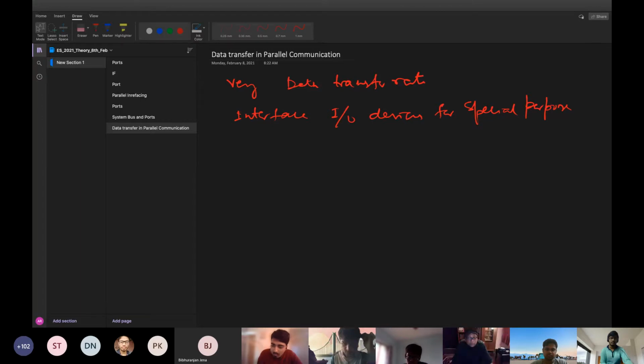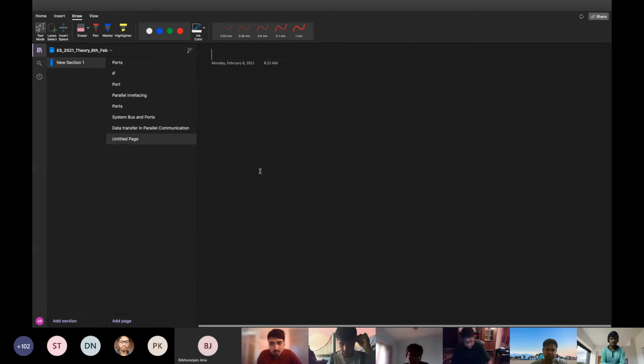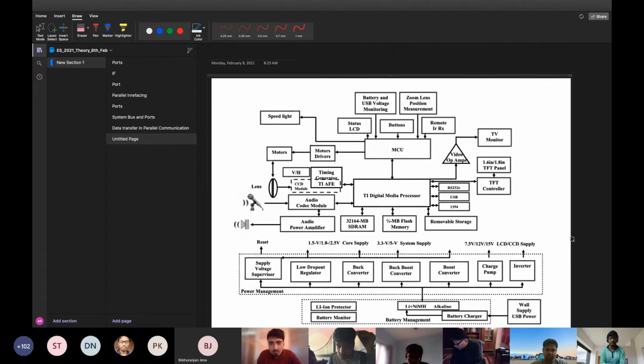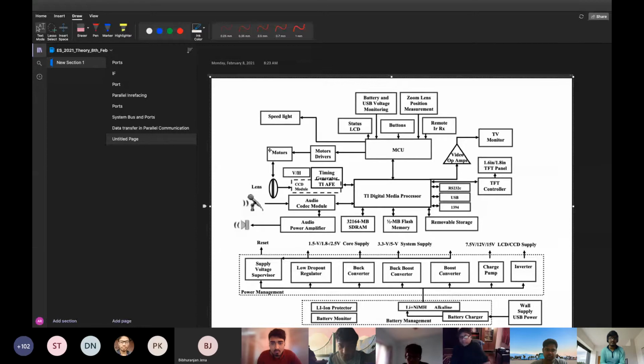So I'll show you a picture which will make things clear for you. These I have shown you already, but once again I'm showing it. You don't have to draw this picture, just draw the rough block diagram. What is this picture?